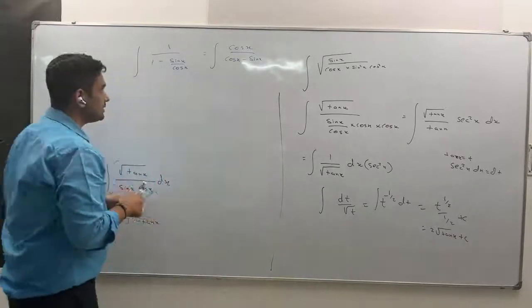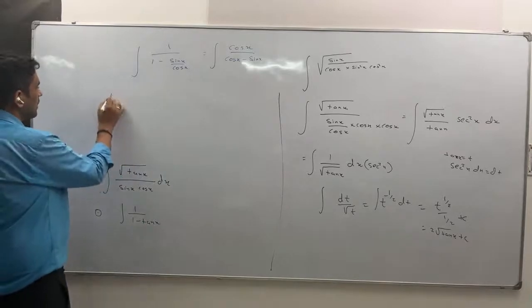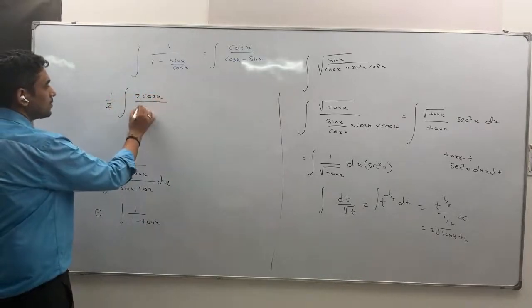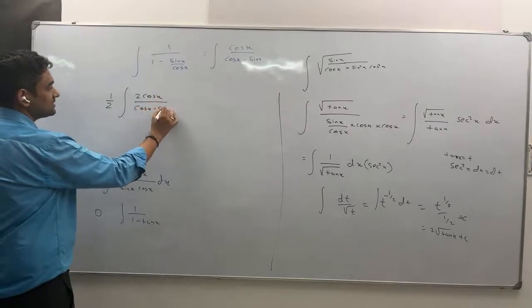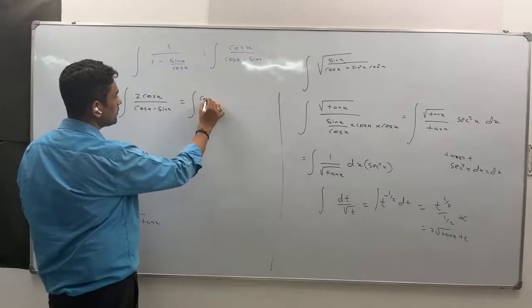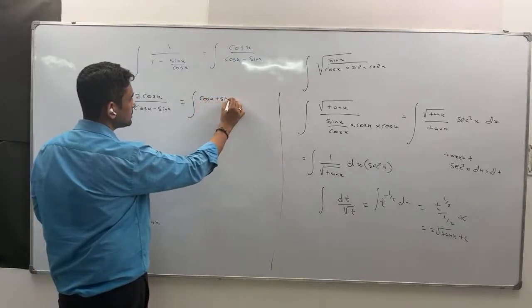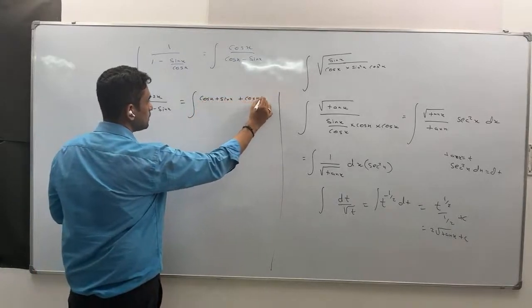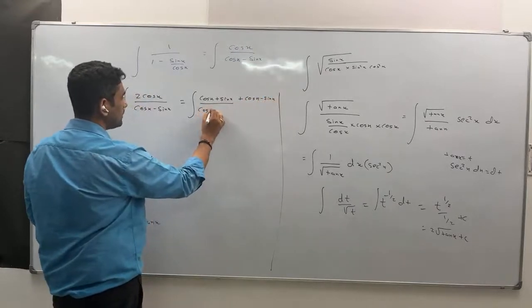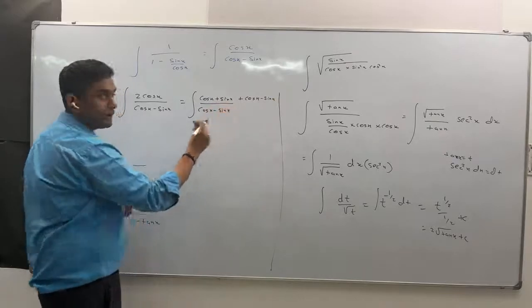So what we will do, we will rewrite it as half integral 2 cos x upon cos x minus sin x. This will become integral of cos x plus sin x plus cos x minus sin x. Always remember, we have talked about splitting the numerator is easy, so play with the numerator.